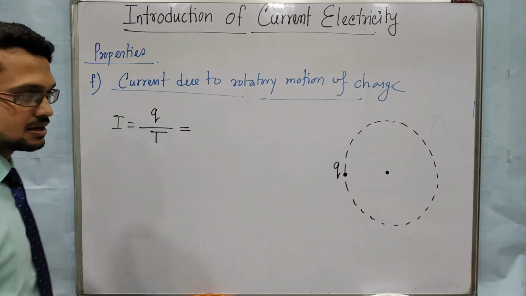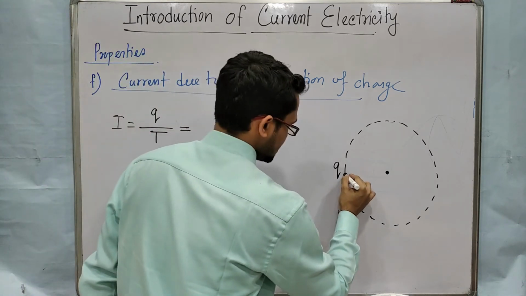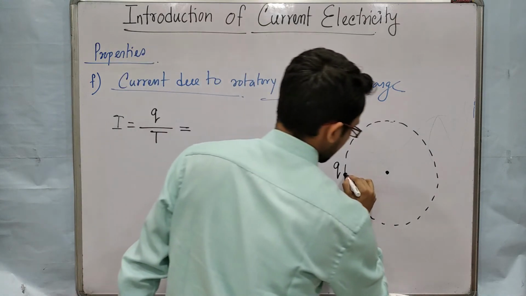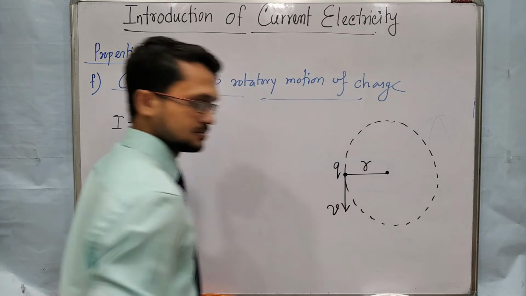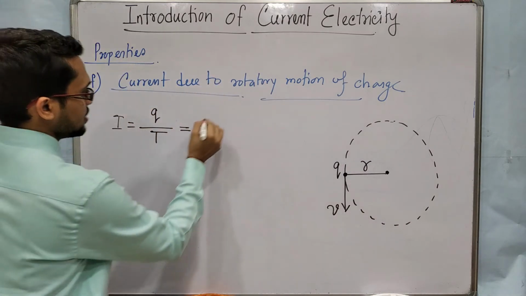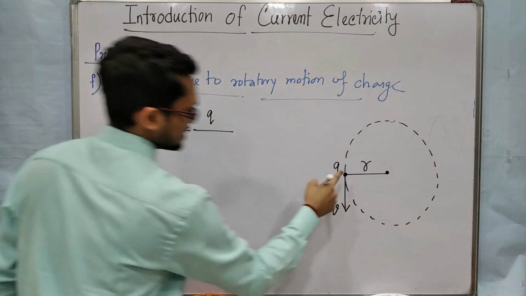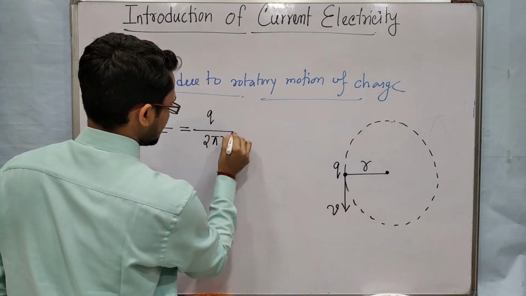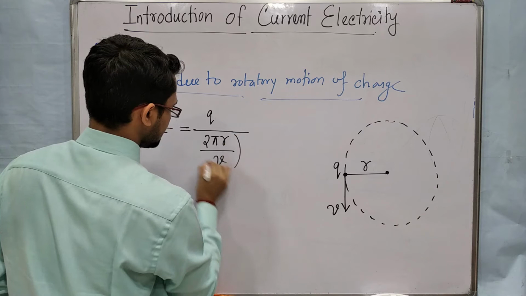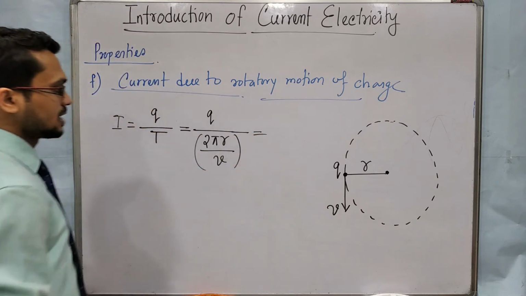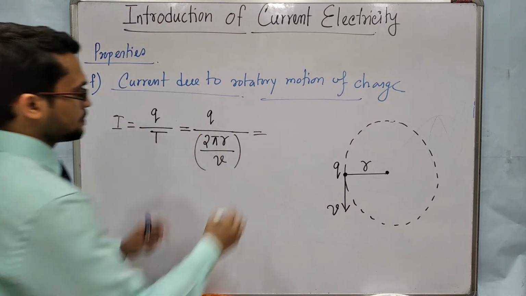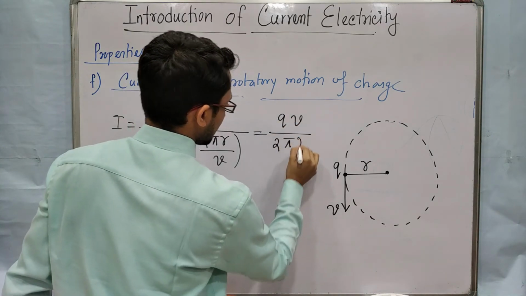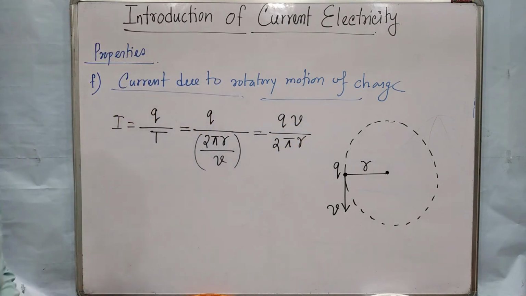T is equal to what? Suppose the speed of charge is V, and the radius of that circular path is R. So T will be this length by velocity. This length means 2 pi R, divided by velocity or speed. Now V will go up, so QV by 2 pi R is the current.